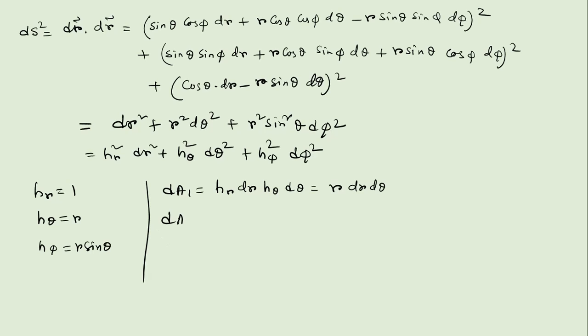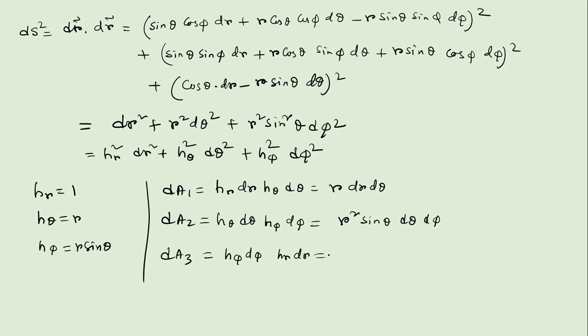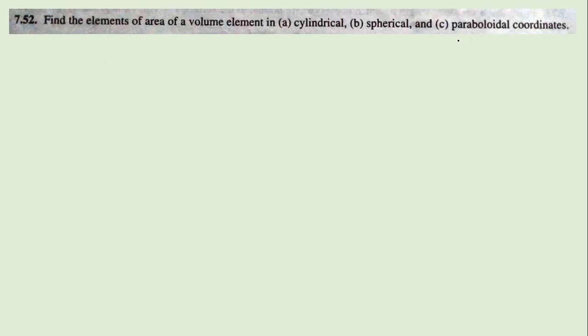Similarly the second area h theta d theta h phi d phi, this is nothing but r d theta, so r square sin theta d theta d phi, and the third area will be h phi d phi h r dr, right? So just putting the values, you will get r sin theta d phi dr. Okay, this is the elementary area. I think it is clear. Next one is the paraboloidal coordinate system.